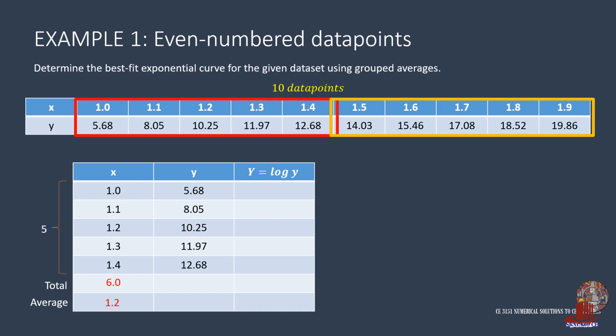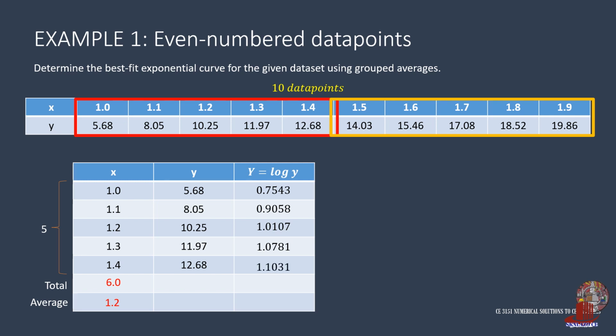That is, the logarithm of 5.68 is 0.7543. The logarithm of 8.05 is 0.9058. The log of 10.25 is 1.0107. The log of 11.97 is 1.0781.